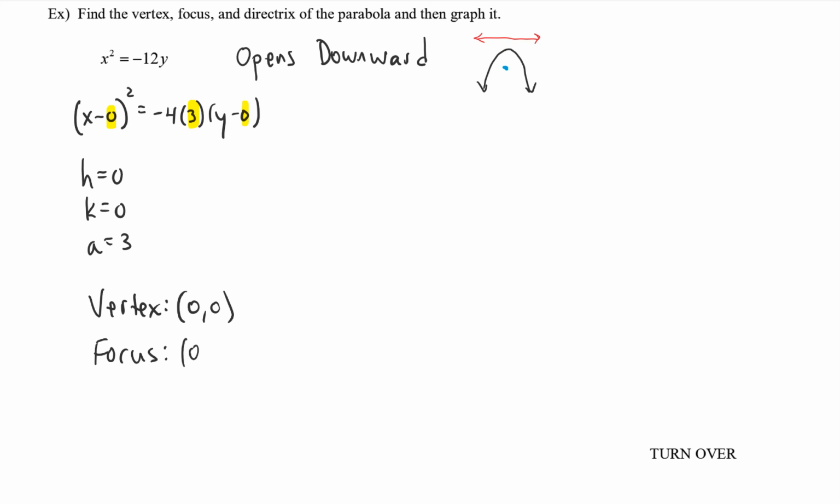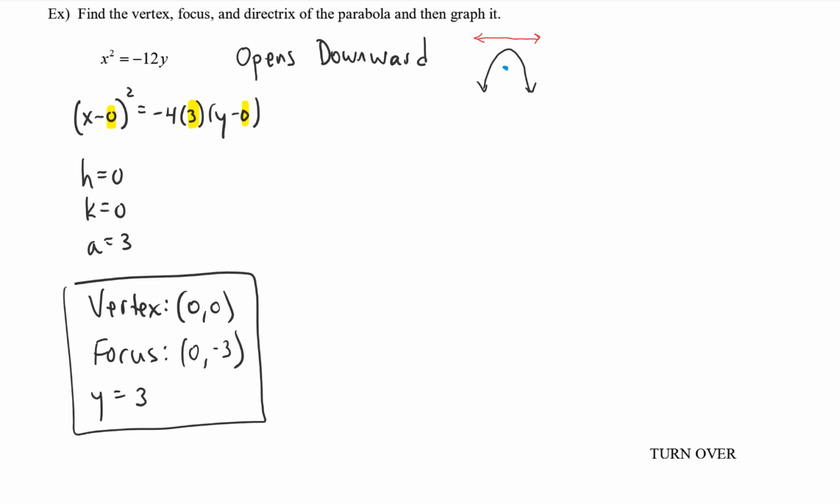So it's going to be 0, negative 3. And then our directrix is going to be horizontal, so it's going to be y equals, so we go up from the vertex. We go up 3 units. So it's going to be y equals 3. We'll see that when we graph it.